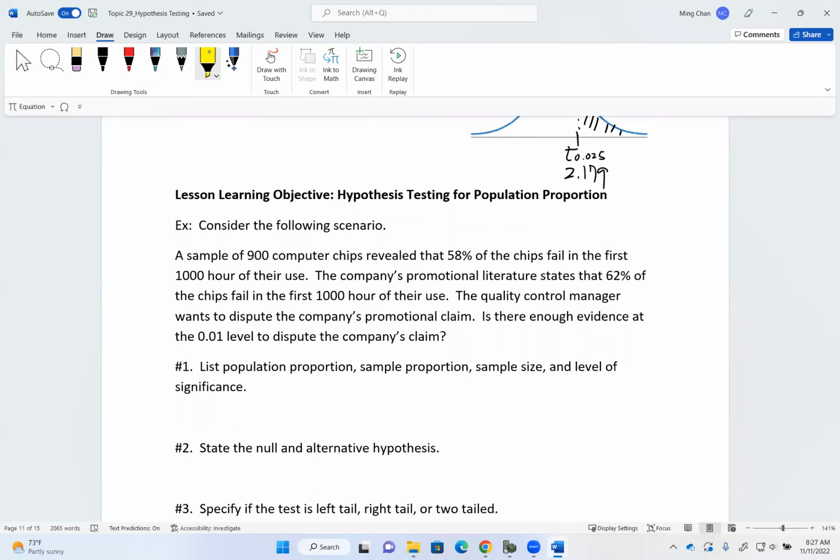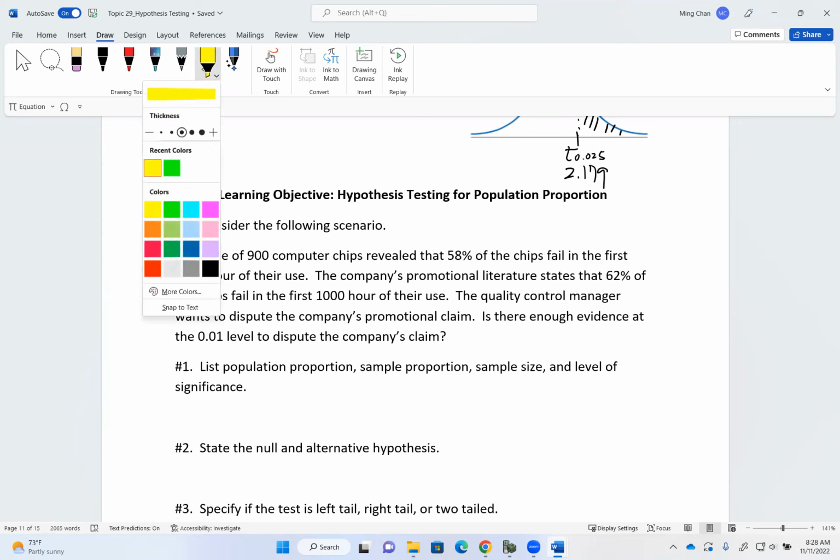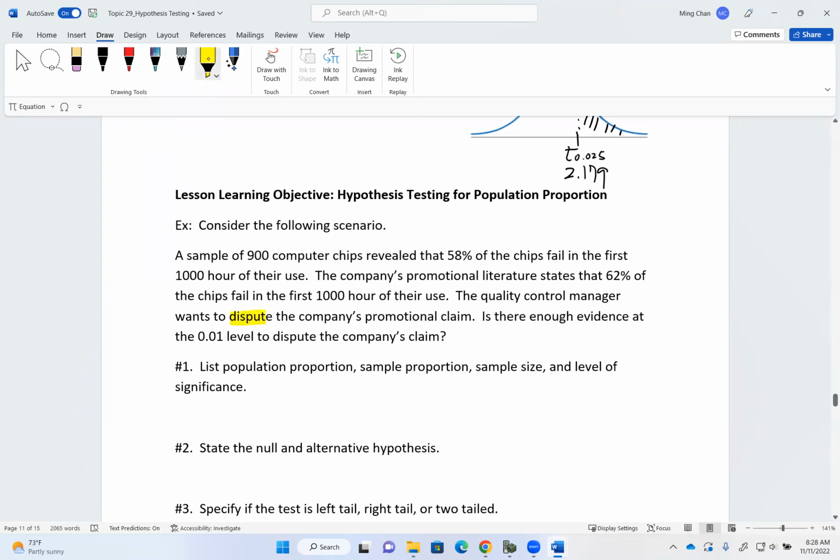The quality control manager wants to dispute the company's promotional claim. Is there enough evidence at a 0.01 level to dispute the company's claim? It's dispute. This problem does not say more than or less than, it just simply says the word dispute. So that tells us this is going to be not equal to 62%.